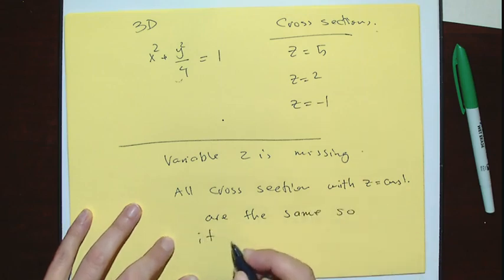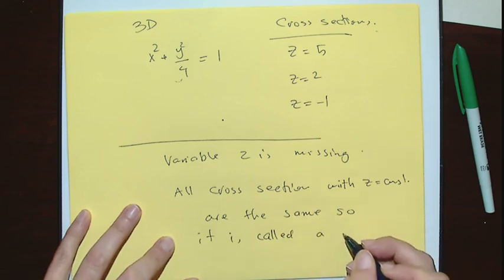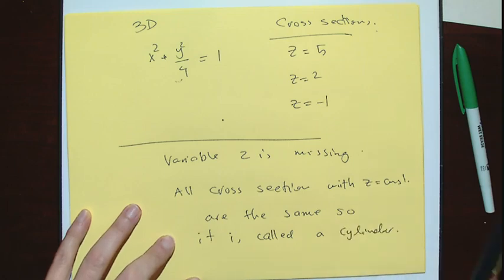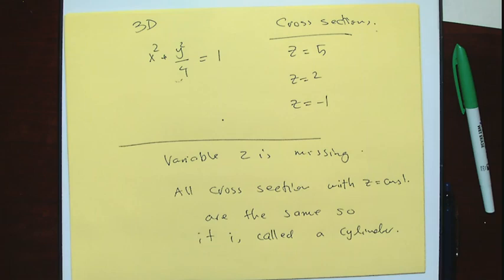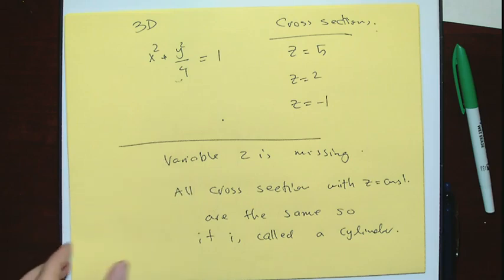So it is called what? You're saying it, say it louder. Cylinder. So that's your first one. Okay. You know the shape of one of them in 2D. That's a cylinder with that name with it.